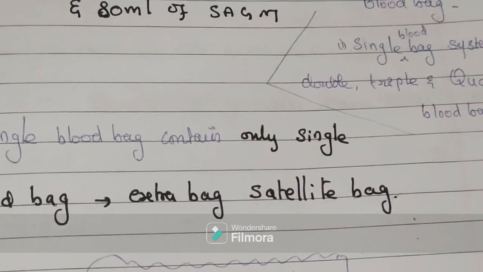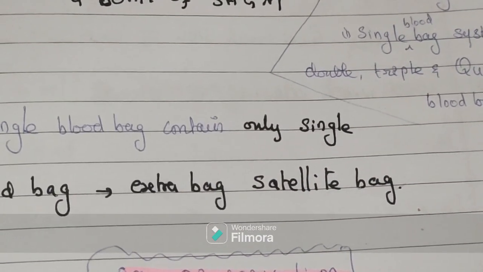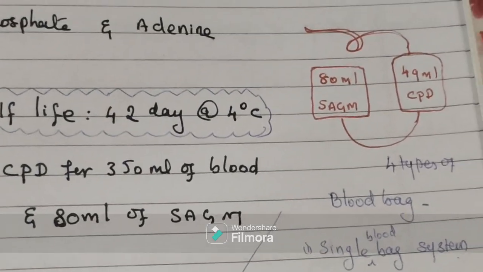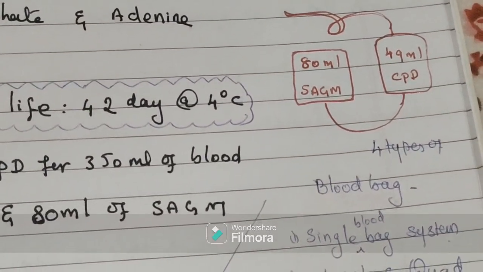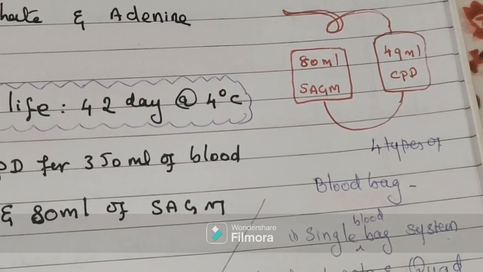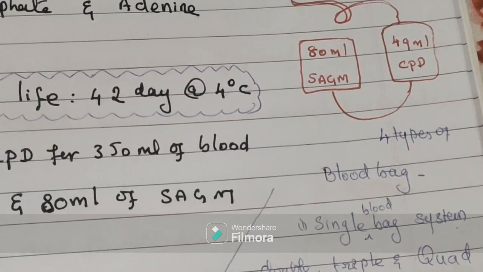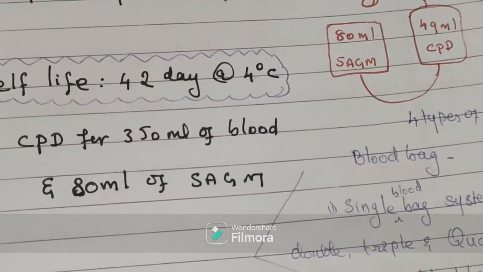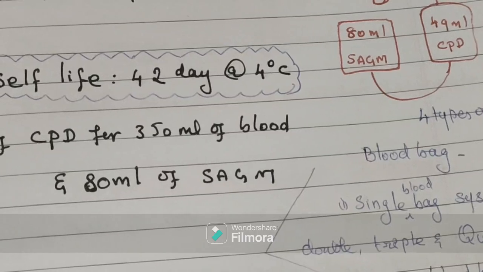The primary bag contains CPD, which acts as the anticoagulant. After centrifugation, RBC settle down and we can transport them. RBC can be stored for a longer time, 1 year.